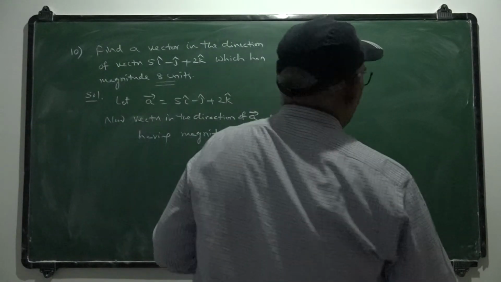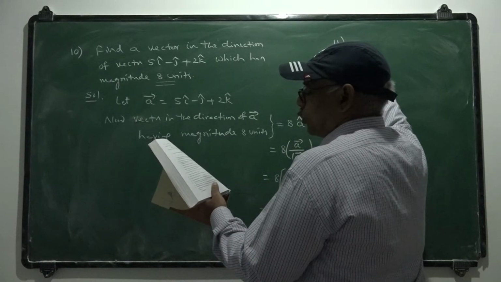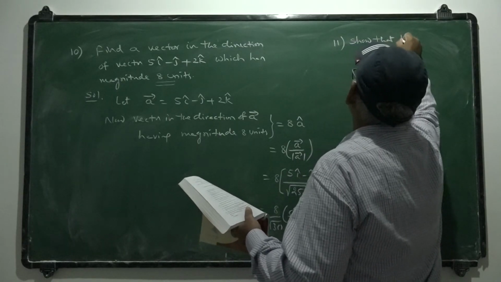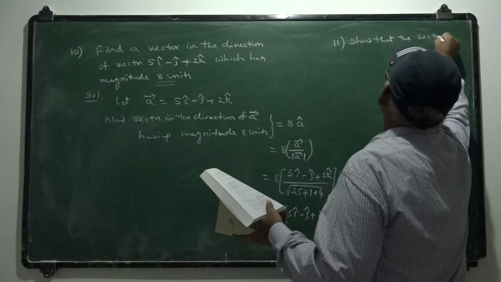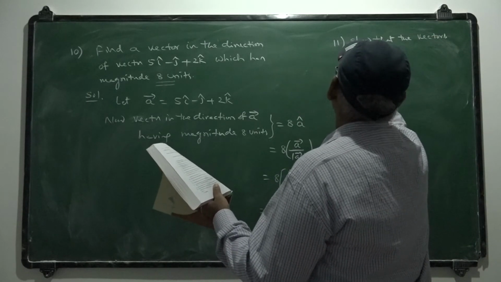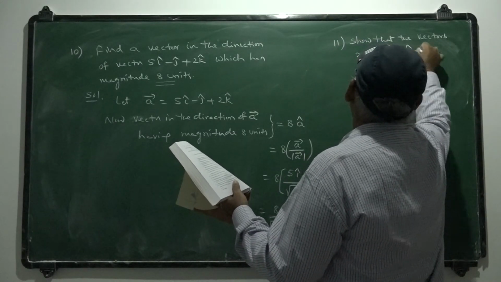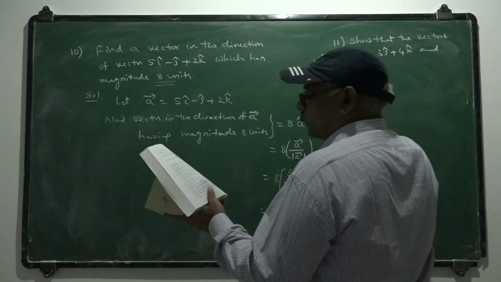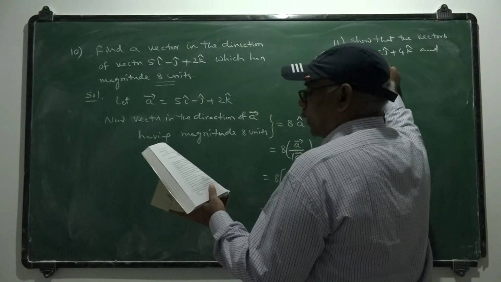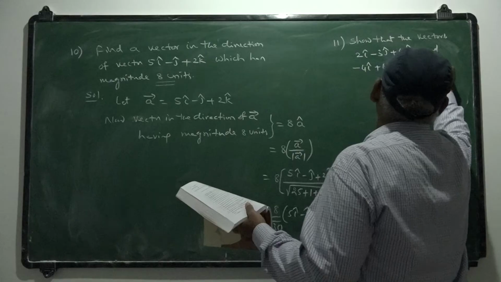Next, 11th one. Show that the vectors 2i minus 3j plus 4k and minus 4i plus 6j minus 8k are collinear.